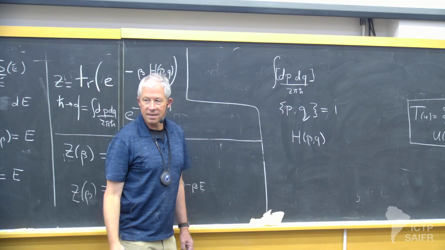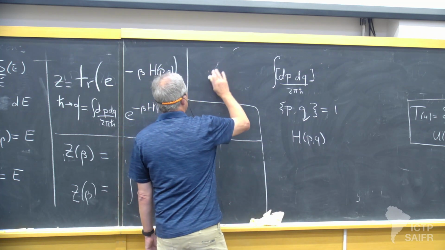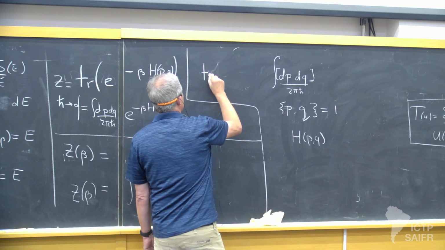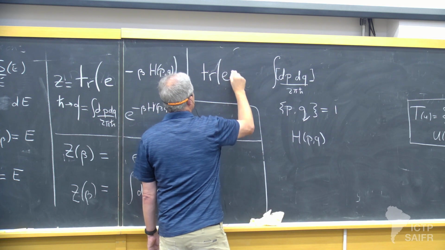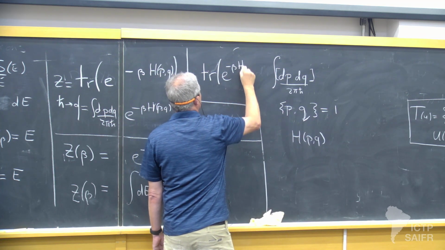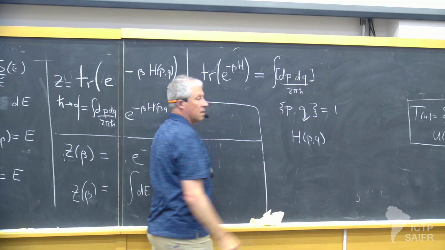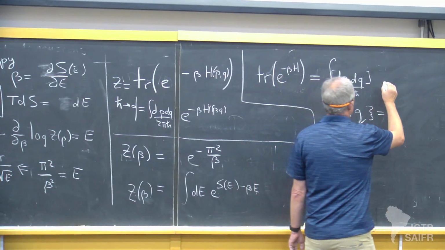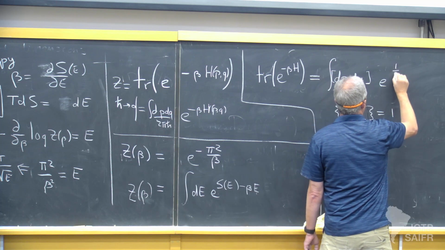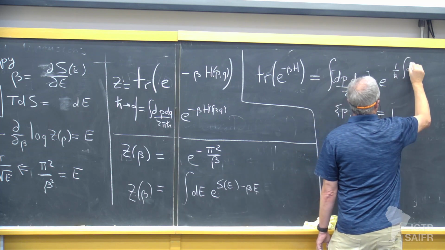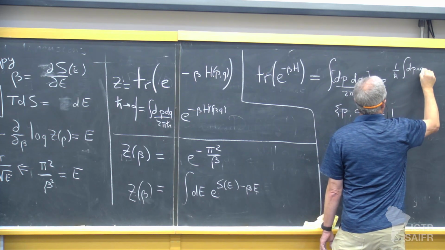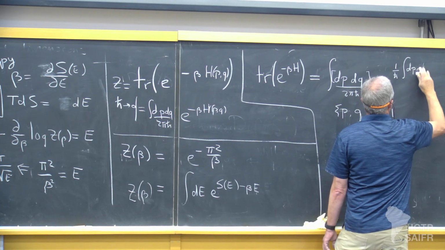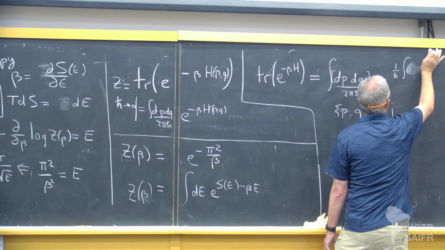And I want to compute the trace of e to the minus beta h. Then the way I would do that is I would do the path integral of p times q dot.